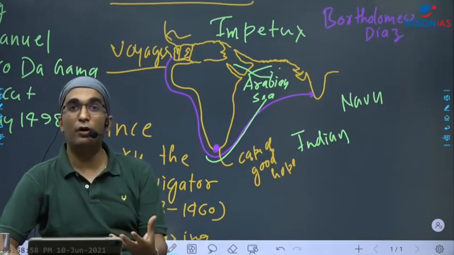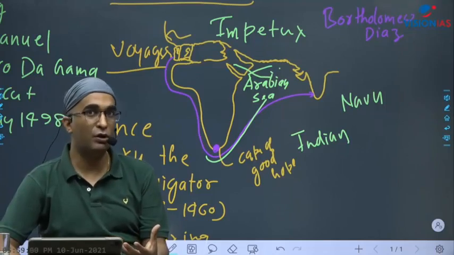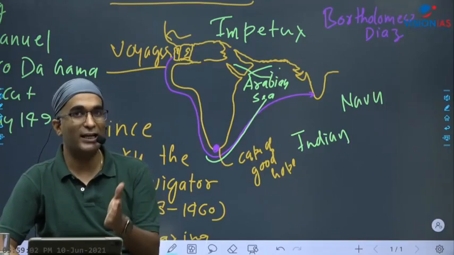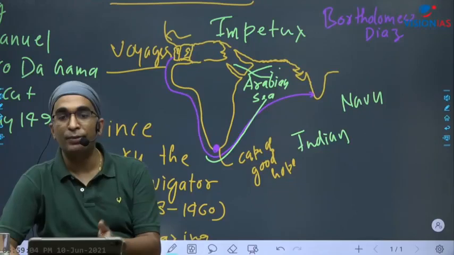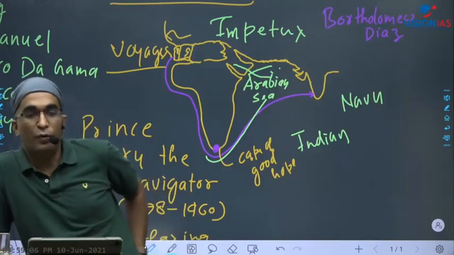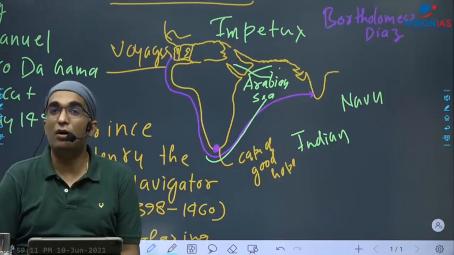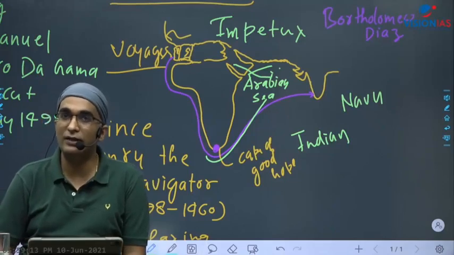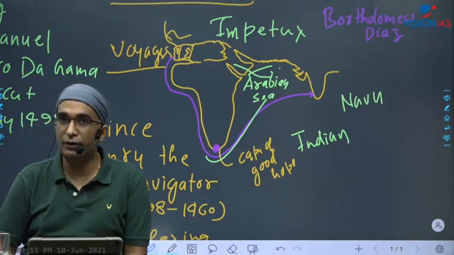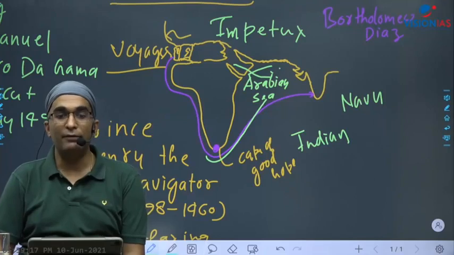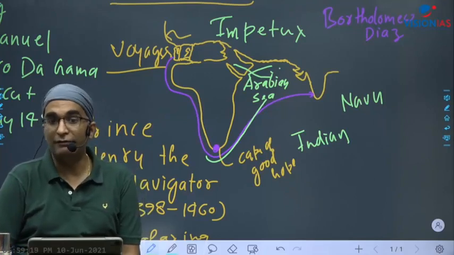The vision which Almeida was not able to realize was realized by Albuquerque. He conquered Goa in 1510. It is said that he got the land of Goa from the Bijapuri rulers.